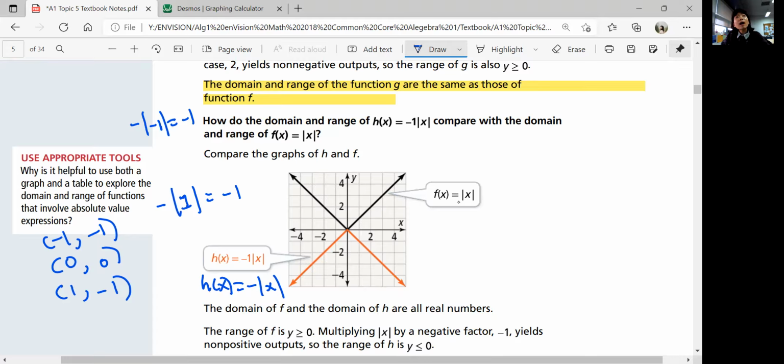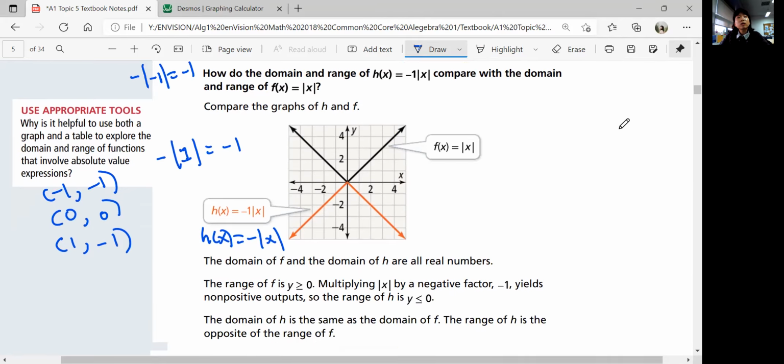But the y's, the range would change from all positive to all negative numbers, including 0. So y is less than or equal to 0. So compare and contrast: the domain is all real numbers, but the range of h would be y less than or equal to 0.